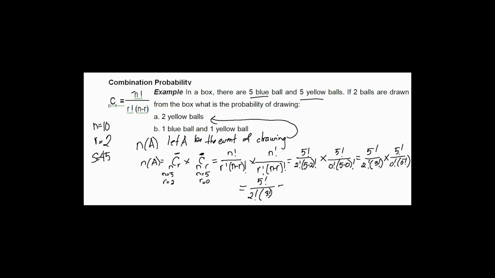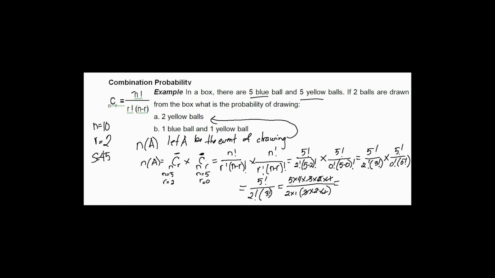Then we expand this into 5 times 4 times 3 times 2 times 1 divided by 2 factorial, that is 2 times 1, and 3 factorial, that is 3 times 2 times 1. To make this shorter, we cancel out 3, 2, 1.